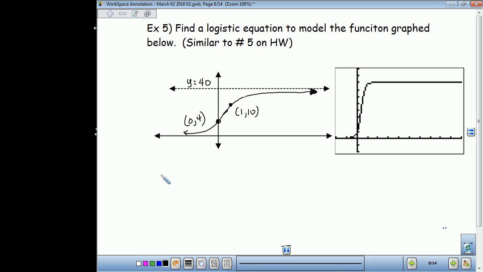What is my limit to growth? What is m? 40. And then do you see I have the initial amount of 4 and I have another point. So it is just like example 3, except we have to get the information off a graph instead of being given the information.